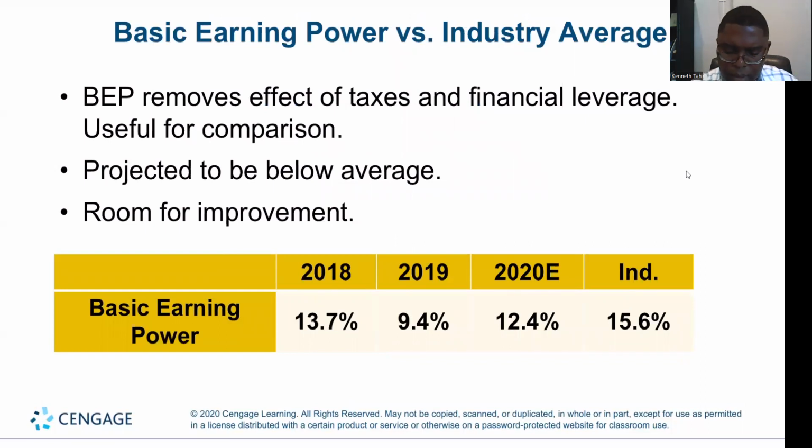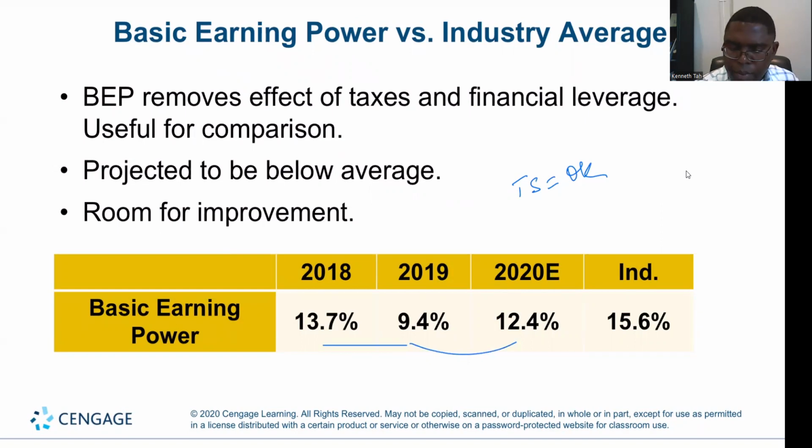So this is a profitability measure. So the higher, the better. Time series analysis, the company seems to be doing okay. Again, a drop as we move from 2018 to 2019, but an improvement as we move from 2019 to 2020.